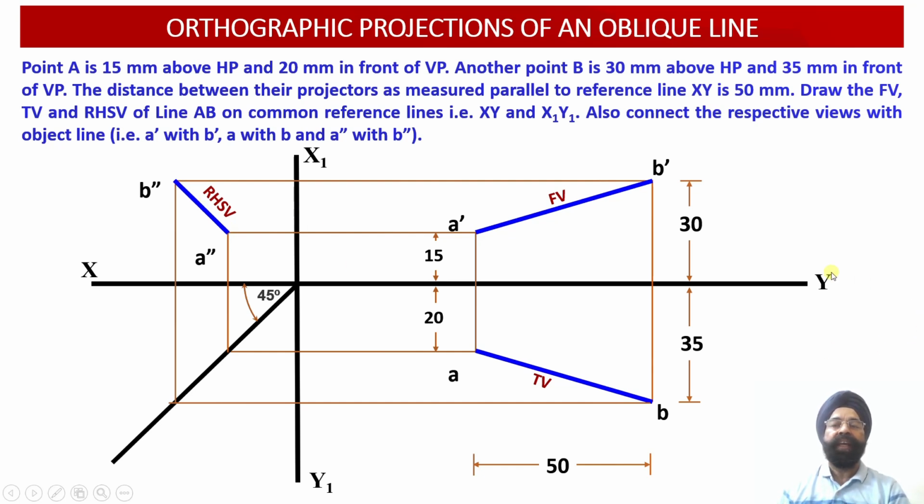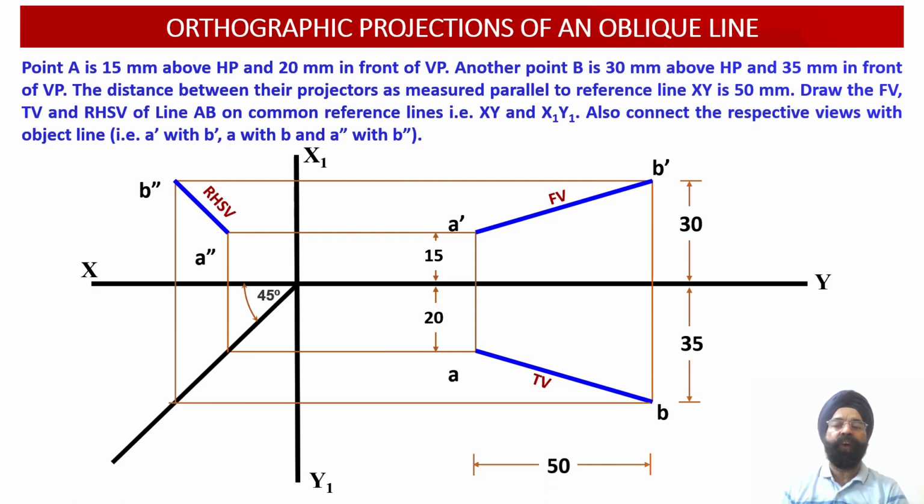So this way we have been able to obtain the orthographic projections of an oblique line AB. Since all the projections are inclined, we are not able to get the true length projections of this oblique line AB in the orthographic projection.